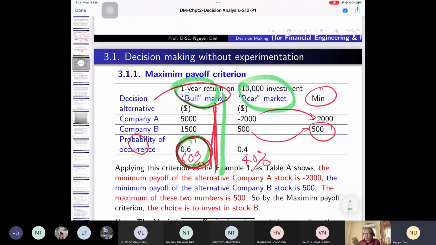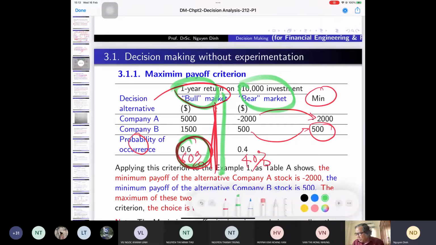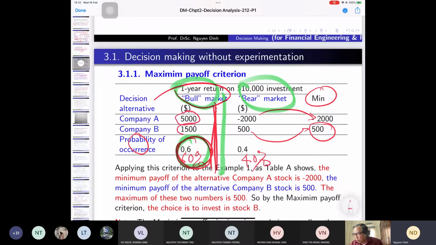That means you choose the bull market. And for the bull market, you look at the payoff. 5,100, 1,500. So which one is bigger? Of course, company A is bigger. You choose the max, and that means you choose company A.